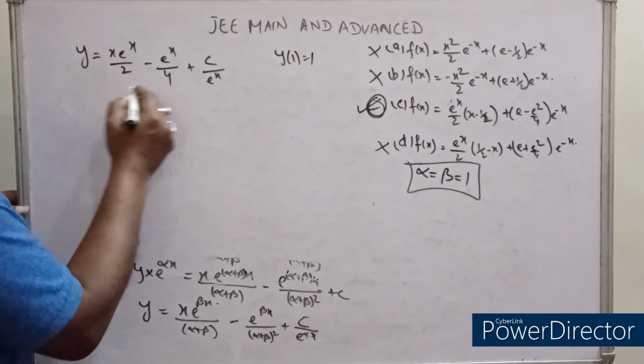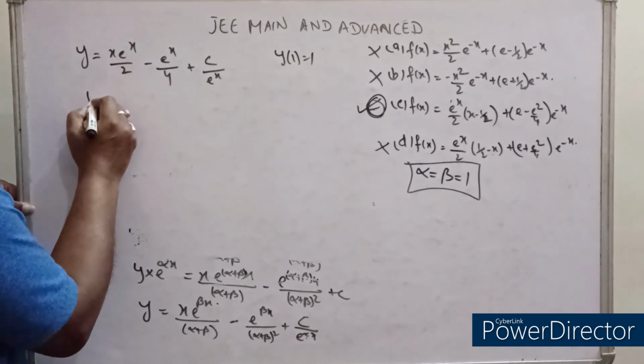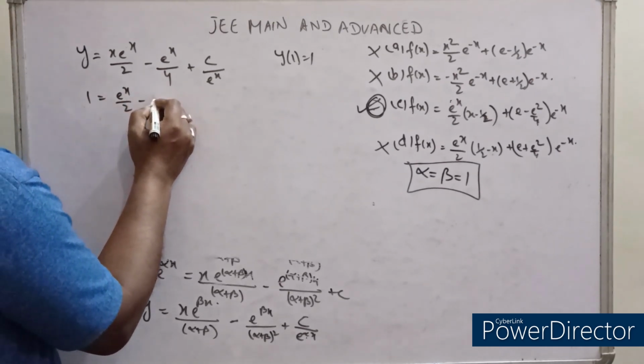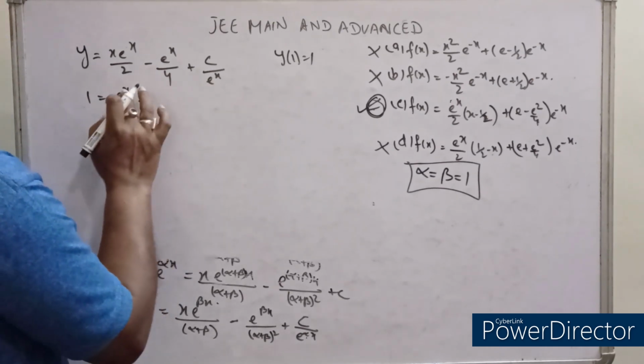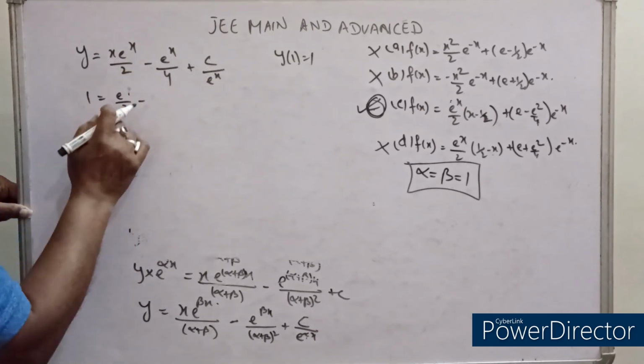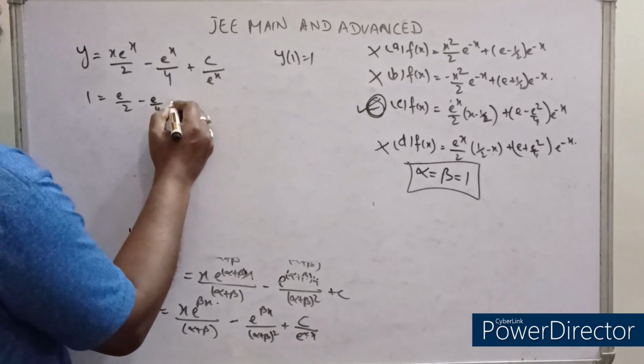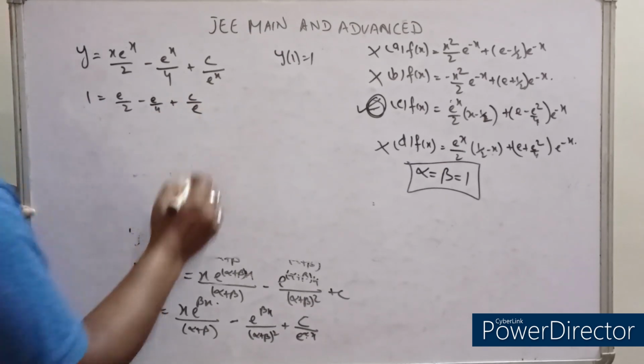So when x is 1, y(1) equals e by 2 minus e by 4 plus c by e.